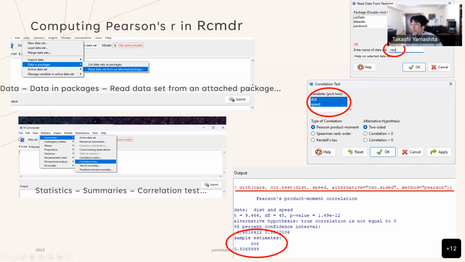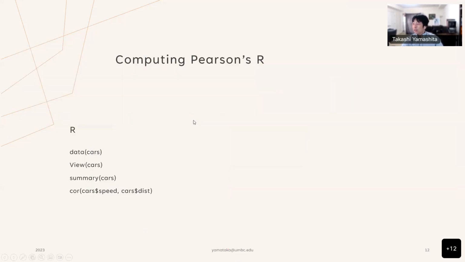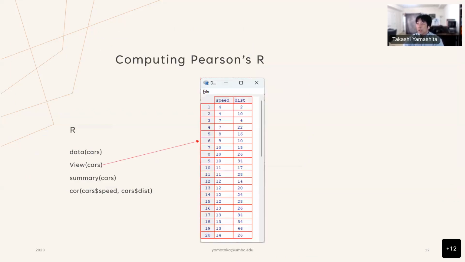Probably not. I also want to show you, just for your reference, if I were to write the syntax for this same analysis, you could do something like this. The first step is to use the data statement to call out the data set, cars. And you can just type View, but the first letter needs to be uppercase, and you can look at the data.